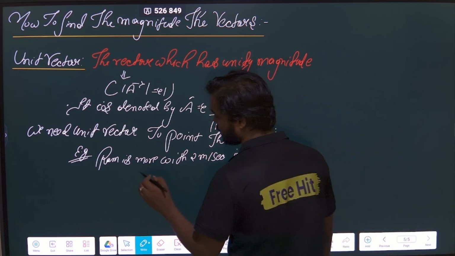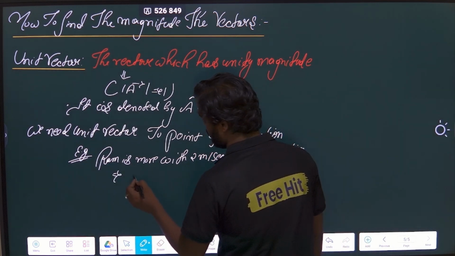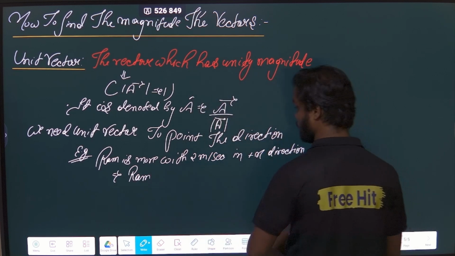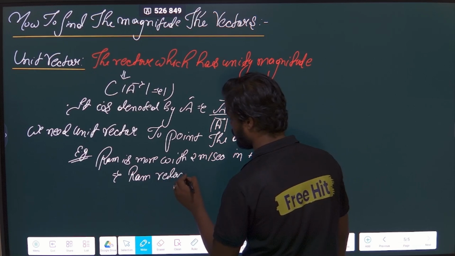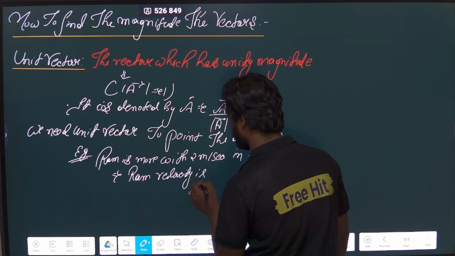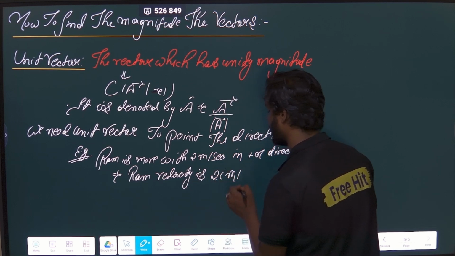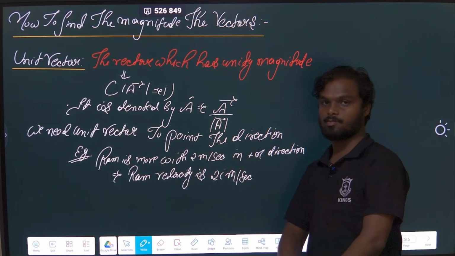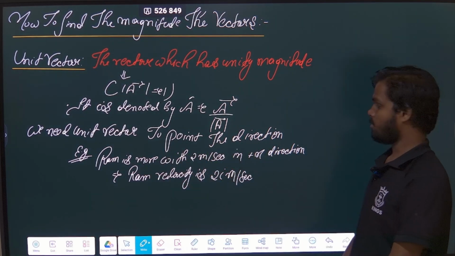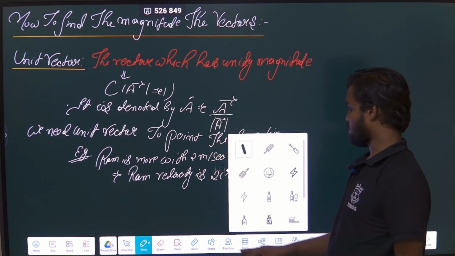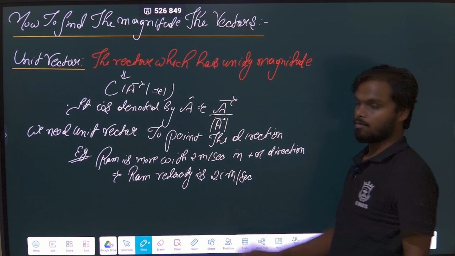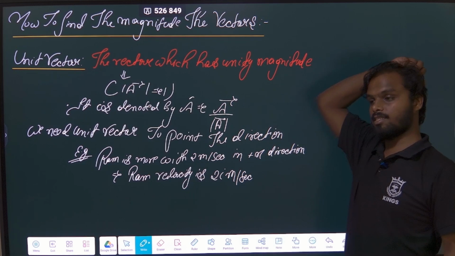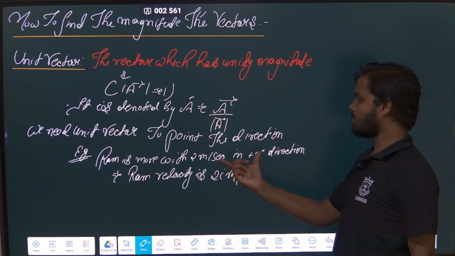I can write this thing in a different manner also: Ram's velocity is 2 i cap meter per second. This big statement is reduced to this smaller statement. What are the two pieces of information we are getting? The 2 is denoting the 2 meter per second, and i is there. What is that i telling? That it is in the positive x direction. So that is the power of a unit vector. We can reduce this big statement into a single line.